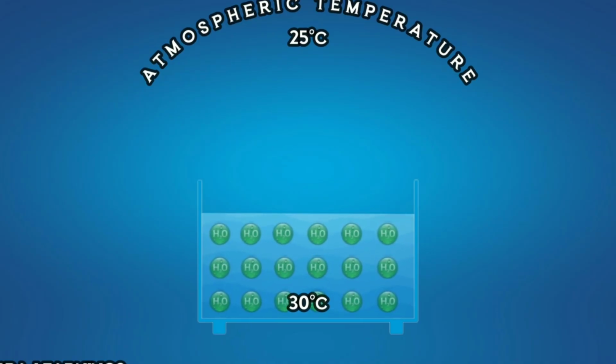During this evaporation process, the water vapor takes away some heat from the water, causing the water temperature to decrease. As this continuous evaporation takes place, the water temperature will gradually decrease until it equals the atmospheric temperature.